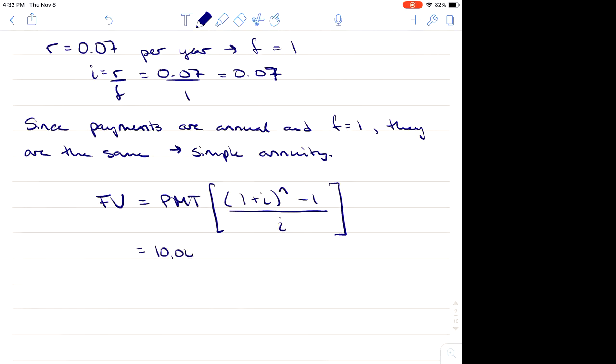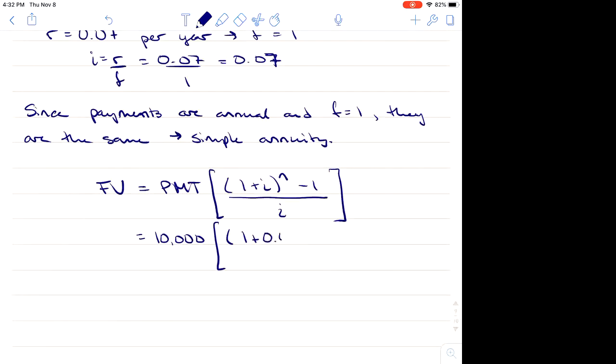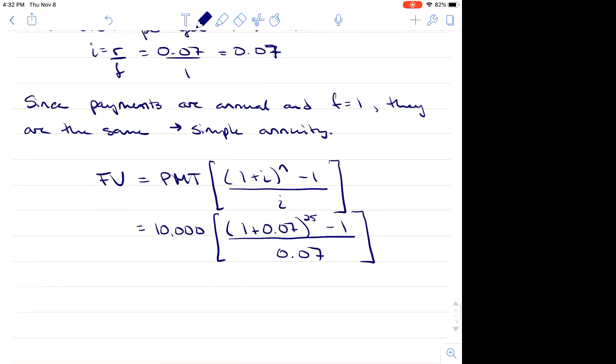So we know our payment amount. Each payment is 10,000 times 1 plus I, which we decided was 0.07, to the power of N, which was 25 payments, minus 1, over 0.07. If you didn't like the store function yet, you will. 1.07 to the power of 25 minus 1.